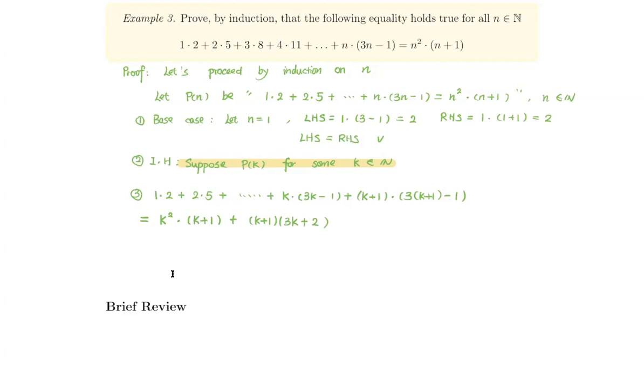Okay, this is by IH. We can use this because this whole thing is from your IH.